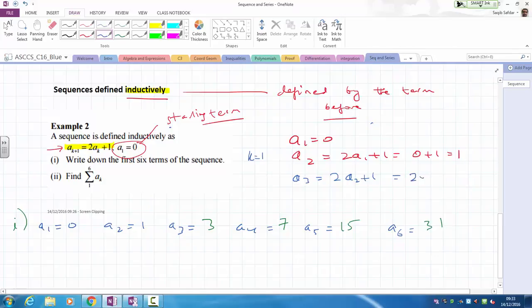So you do 2 times 1 plus 1. 2 times 1 is 2, plus 1, that's 3. What about a4? According to this formula, a4 means 2 times the term before it, which is a3. So 2 times a3 plus 1. What does a3 equal? 3.